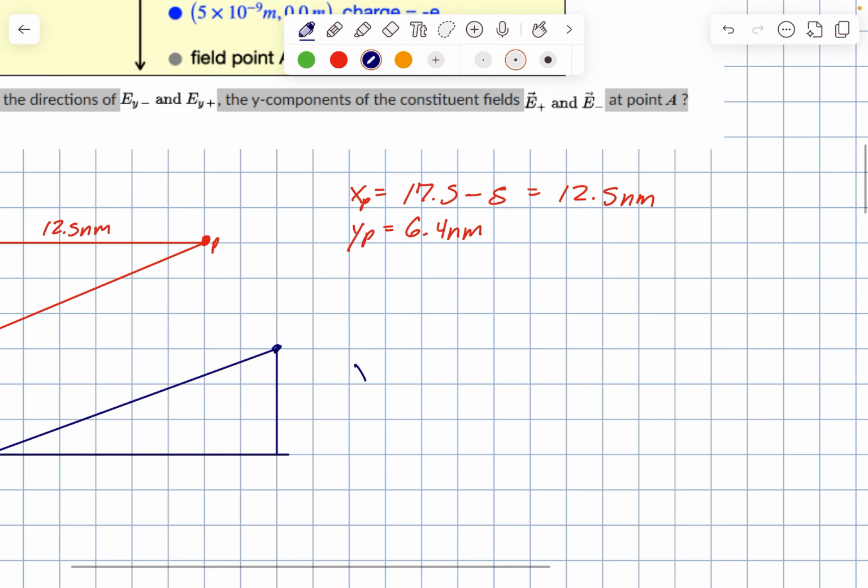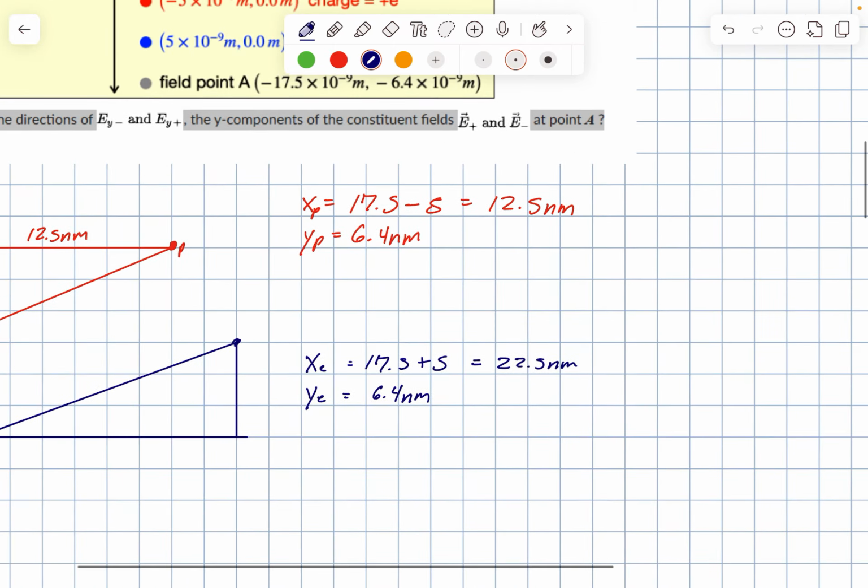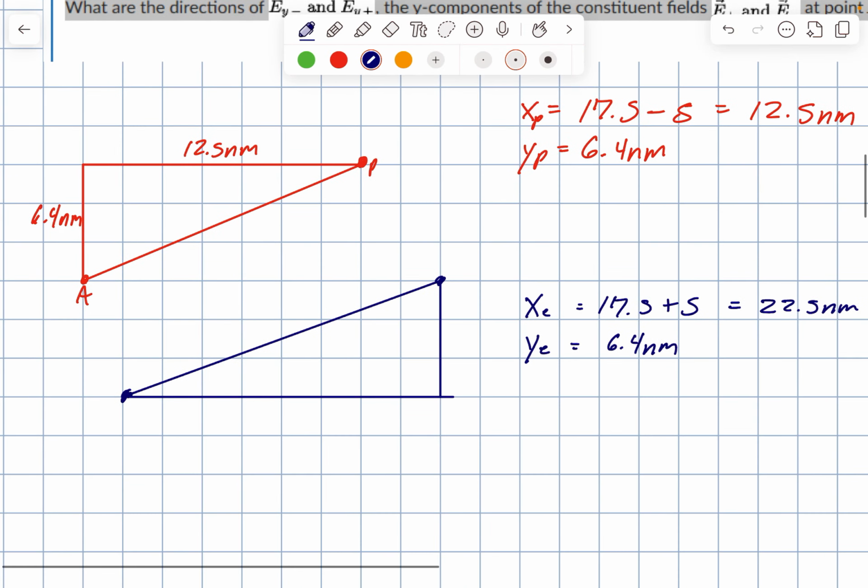So for x of our electron, that's going to be 17.5 plus 5 gives us a nice 22.5 nanometers for our x component, and then for our y component of our electron, it's just going to be, again, flat out 6.4, as we start at the origin anyways for our electron. So these are going to be our side values for our triangles.